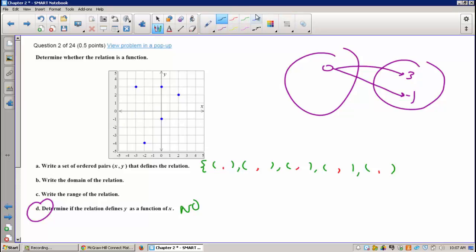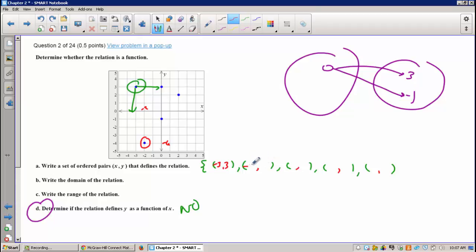Which one is the far left? Can you read me the coordinates of this one? The far left one is negative 3, comma, positive 3, right? The next, negative 2 and negative 4.